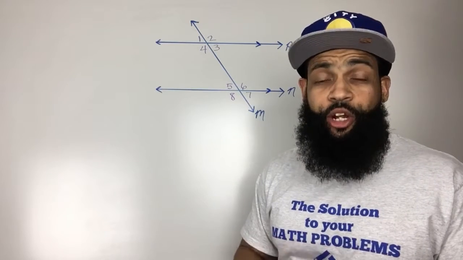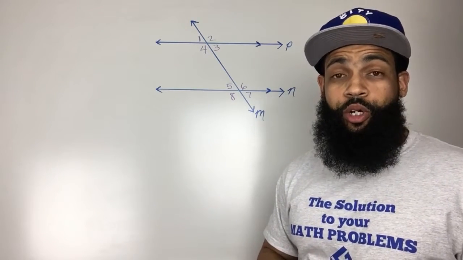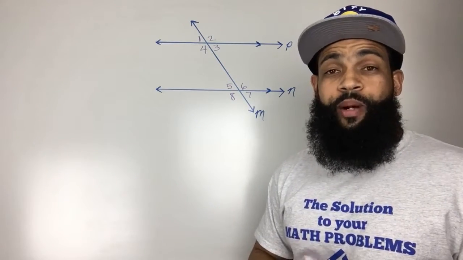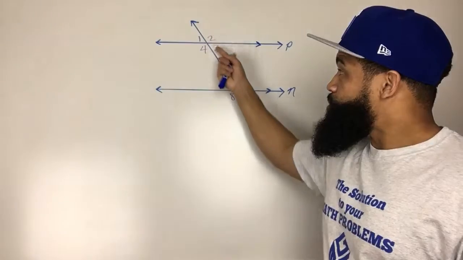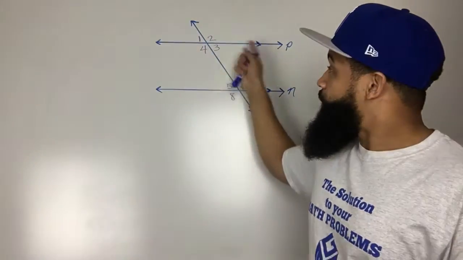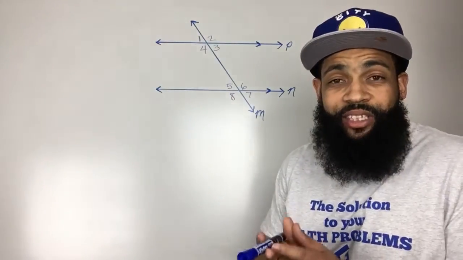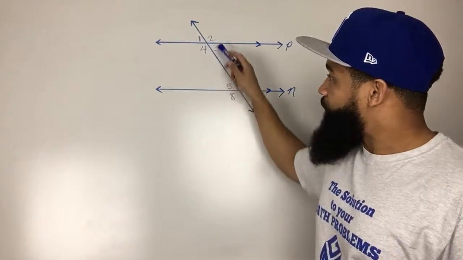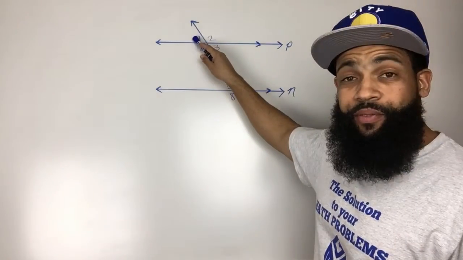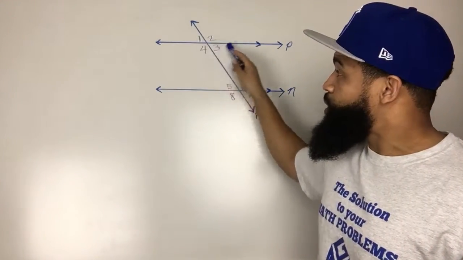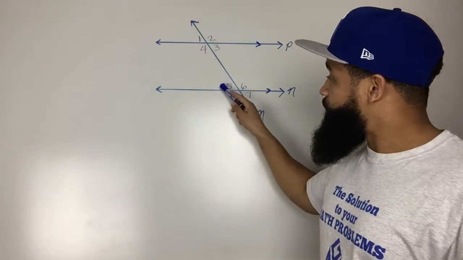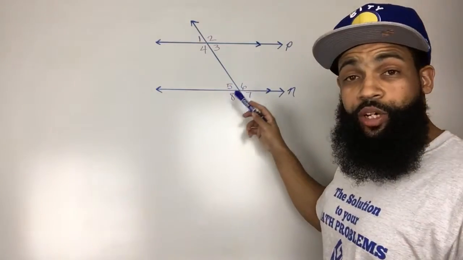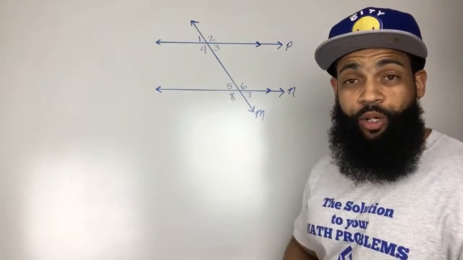This theorem tells us something else as well. Corresponding angles are congruent. Now, corresponding means that at the intersection of that transversal and one of the parallel lines, they have the same position. So for example, if I look at angle 1 and angle 5, notice angle 1 is on the top left of the intersection of the transversal and one of the parallel lines, and then angle 5 is on the top left of the intersection of the transversal and the other parallel line.